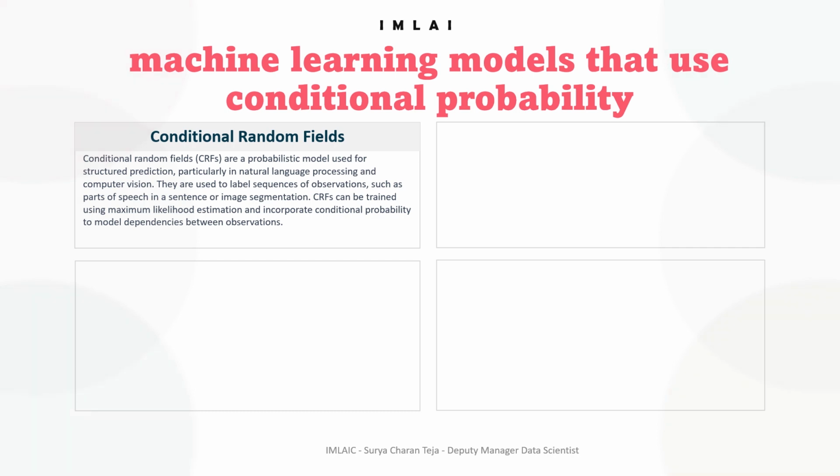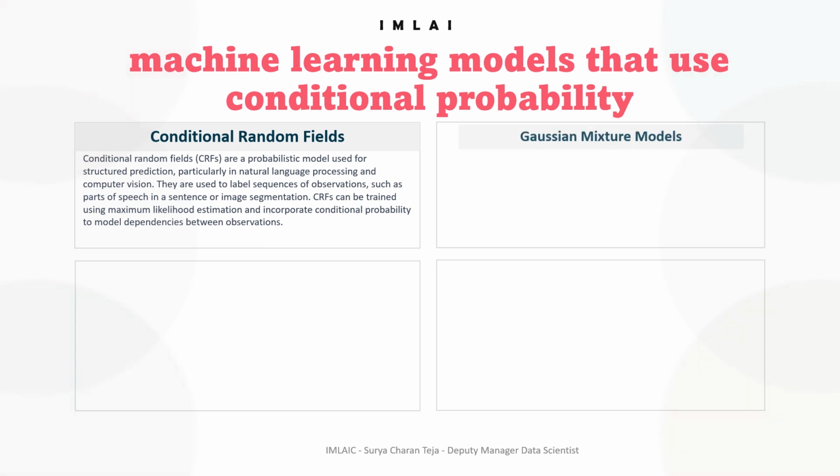The task of NER is to identify and classify named entities such as names of people, organizations, and locations in text. So CRFs can be used to model the dependencies between the words in a sentence and predict the most likely labels for each word.